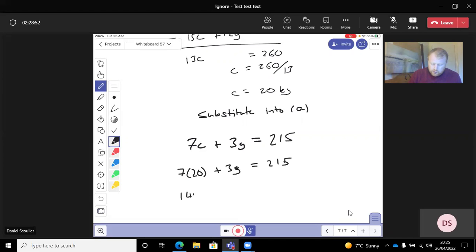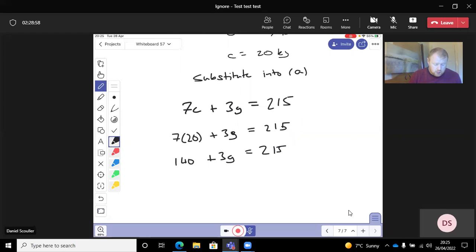That's 140 plus 3G equals 215. 3G equals 215 minus 140. 3G equals 75.